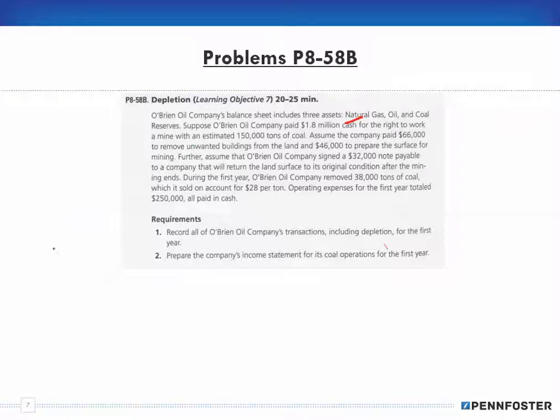So first off, they are paying cash, so I'm going to credit cash for 1.8 million, and that means I'm going to debit coal reserves for 1.8 million, because they're paying the cash for the right to work the mine.